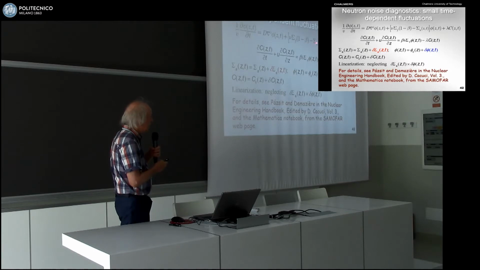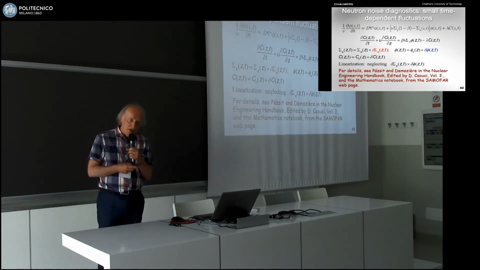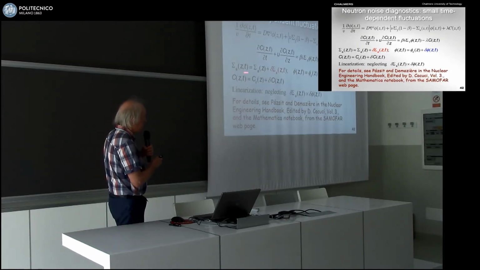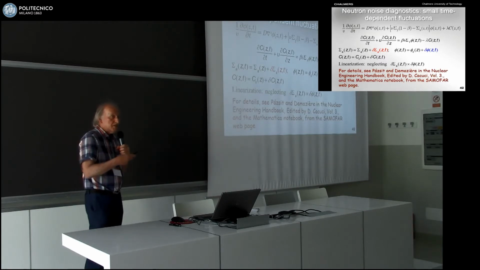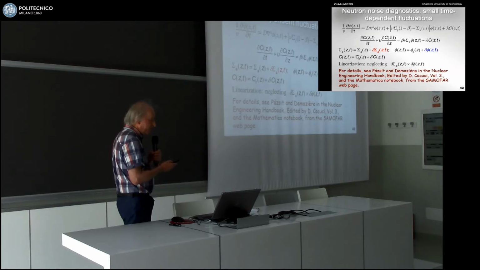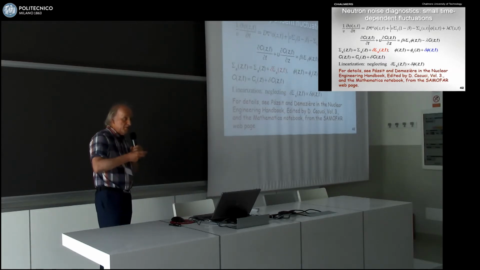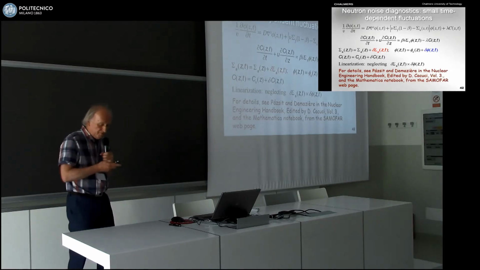Without the fluctuations of the cross sections, there would be no fluctuations of the neutron flux either. So we split everything into a mean value, which is not dependent on time, and the fluctuations. Then we try to express the fluctuations of the neutron noise from the fluctuations of the cross sections. Because we assume that all of them are small, we neglect the cross products so that there will be no time-dependent quantities multiplied with each other, and therefore we can use a Fourier transform, otherwise we would have problems.